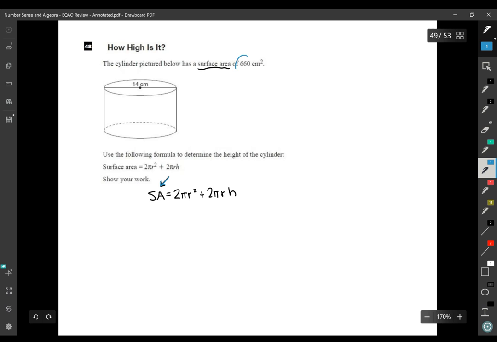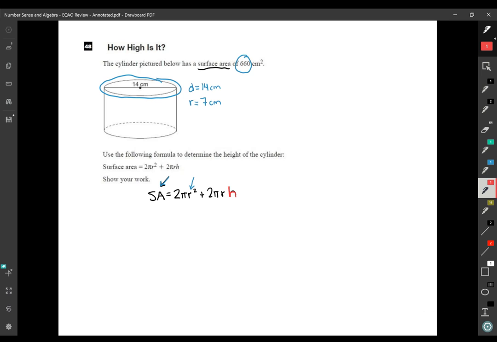Surface area is 660. Radius, we also have that because we're given the diameter. Diameter is 14 centimeters, so that means our radius must be 7 centimeters. We know pi, so the only thing that we don't know in this equation is h, and that's what we're trying to solve for.